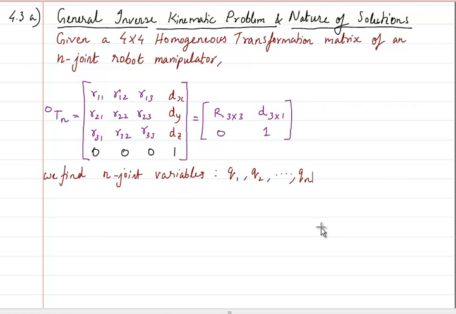Now if you have n things to find from this transformation matrix, basically we will have equations and we will try to solve them. So how many are there?